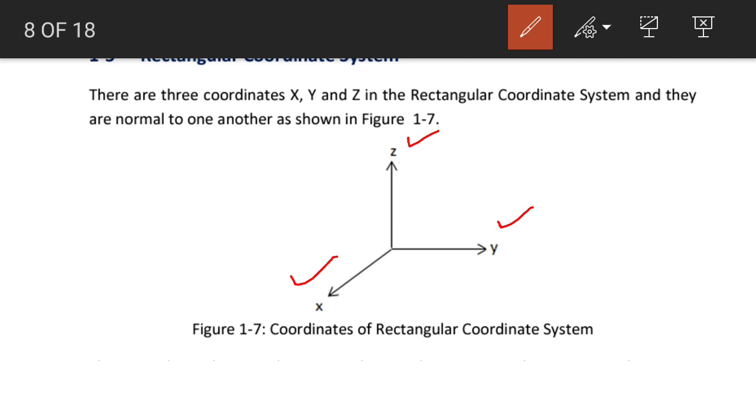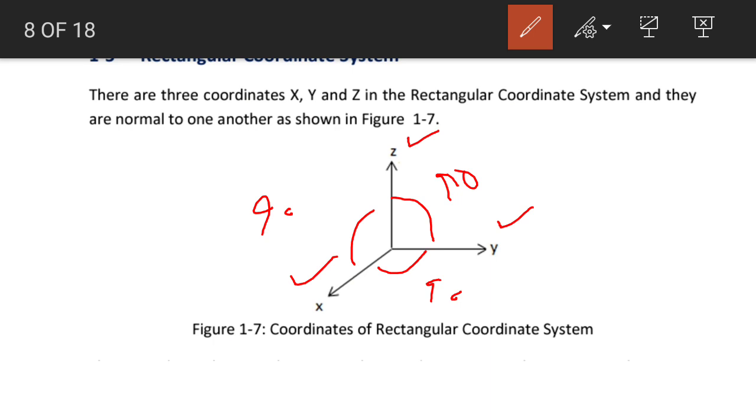You see there is an angle of 90 degree between x and y. There is an angle of 90 degree between y and z, and there is an angle of 90 degree between x and z.